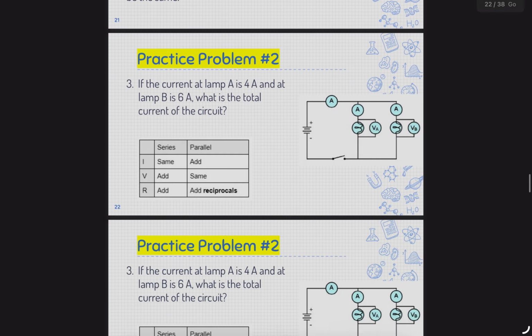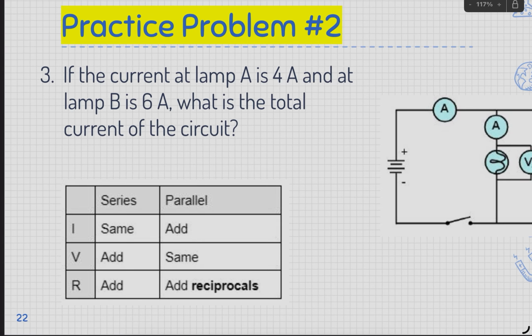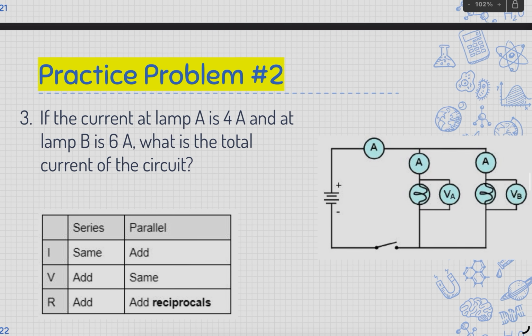So if the current at lamp A is 4 amperes and lamp B is 6 amperes, what is the total current of the circuit? It's not using the word parallel, but basically they're in parallel. So we add it up because it's asking about the current.